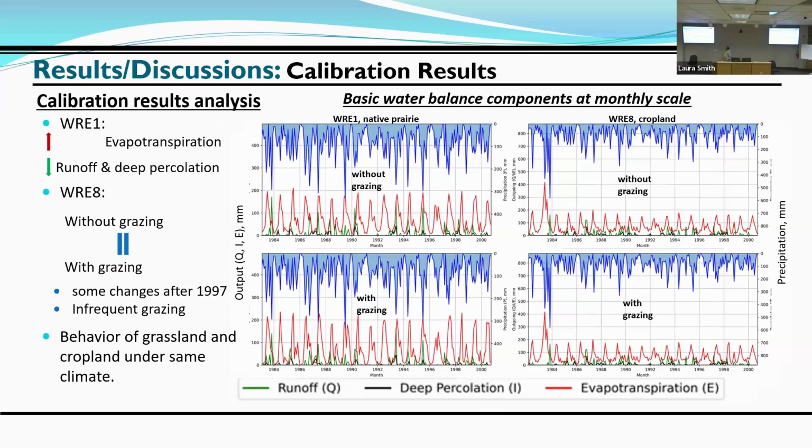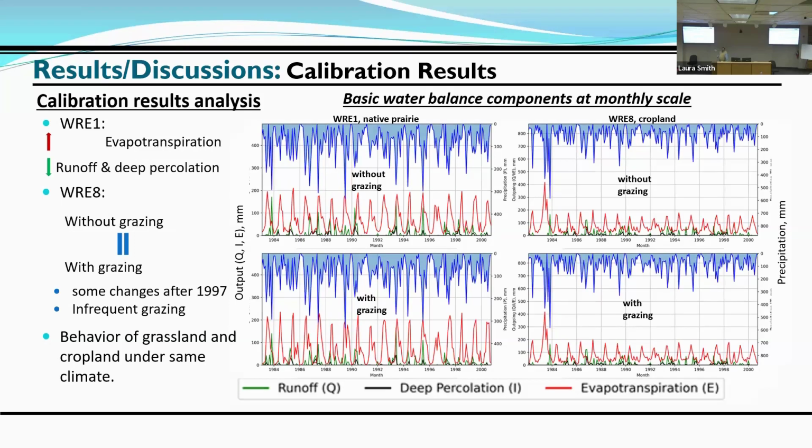Here are the fundamental water balance components in both fields at the monthly level. As seen, evapotranspiration is increased in WRE1, and runoff and deep percolation also decrease. But in WRE8, the behaviors are almost similar without grazing operations, and some changes occur only after 1997.